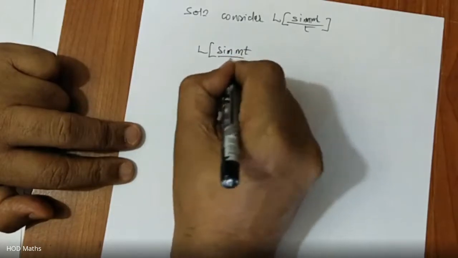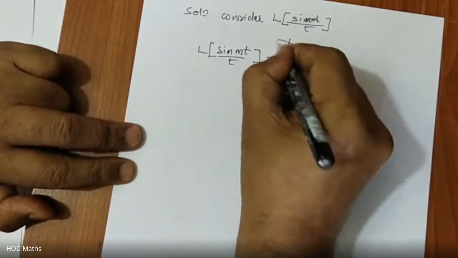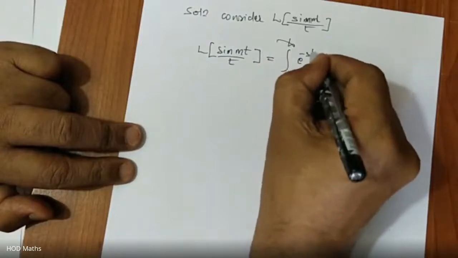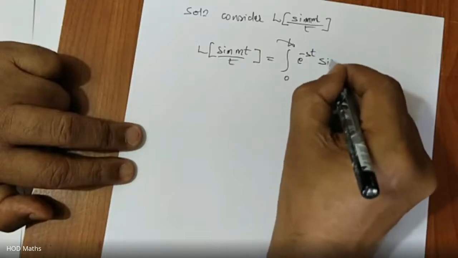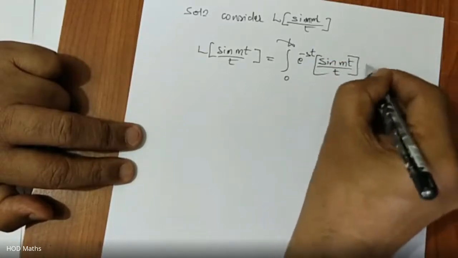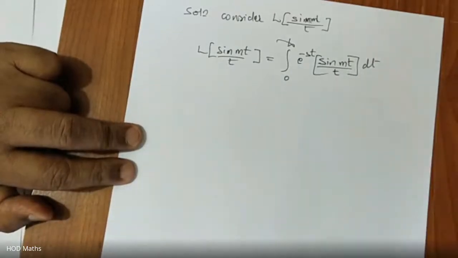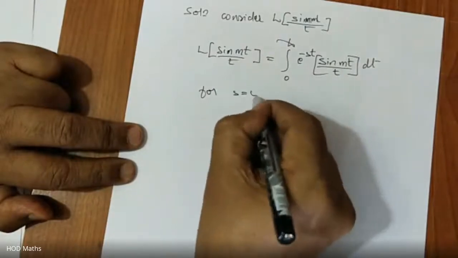It is the integration from 0 to infinity of e power minus st into sine mt by t dt, right?